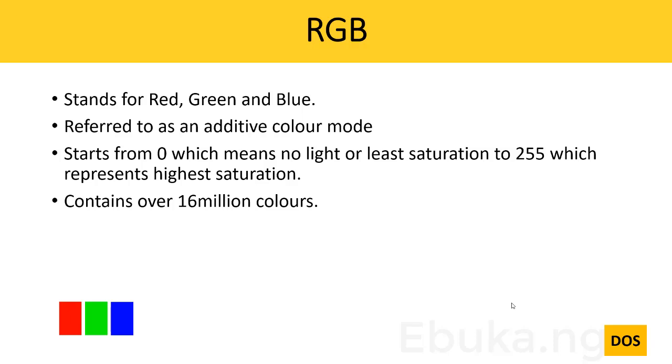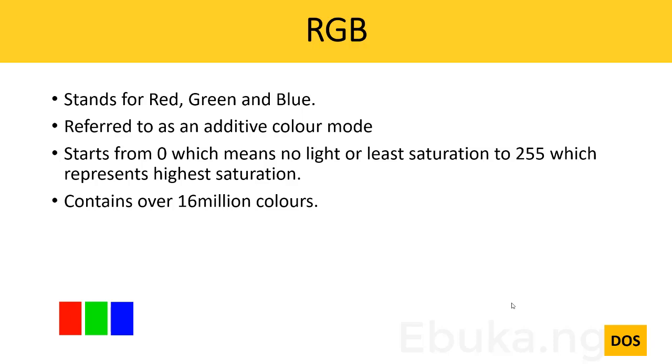Because it's on screen and you are basically just mixing lights together, RGB tends to have a lot more colors than CMYK. CMYK, on the other hand, is for print. So there is an amount of color that you can obtain industrially, an amount of color that can be obtained from mixing, because for CMYK, the printer has to manually mix the colors.